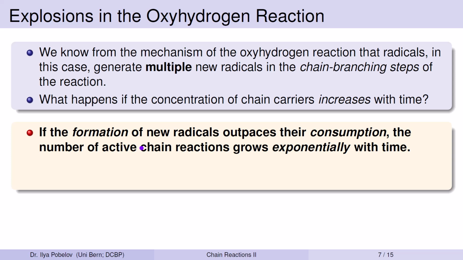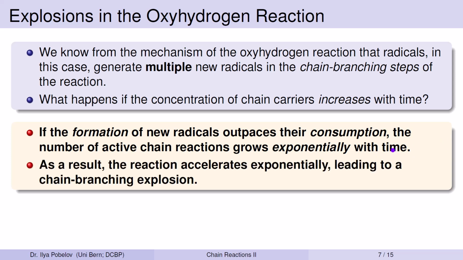If the formation of new radicals outpaces their consumption, the number of active chain reactions grows exponentially with time. As a result, the reaction accelerates exponentially, leading to a chain branching explosion.